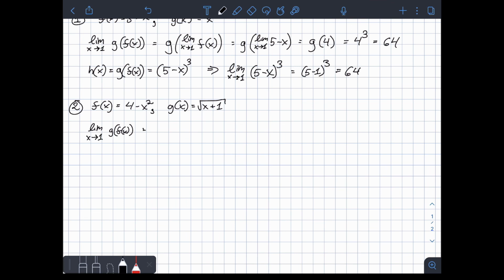So again, this is equal to g of the limit as x approaches 1 of f of x, which in this case is 4 minus x squared. And so if we do that, we get g of 4 minus 1 is 3. G of x is equal to the square root of x plus 1. This is equal to the square root of 3 plus 1, which is square root of 4, which is 2.